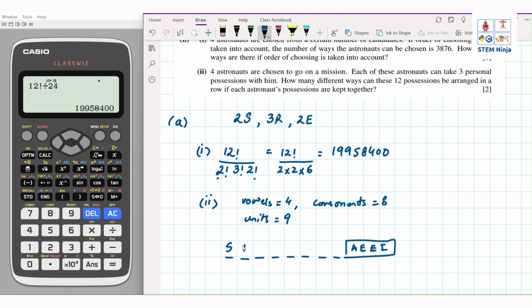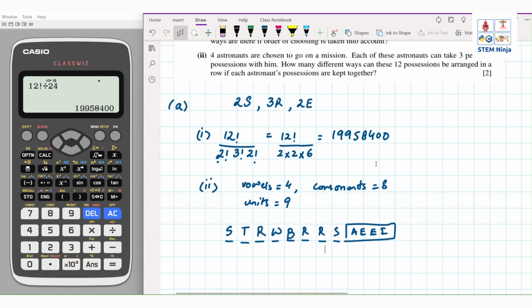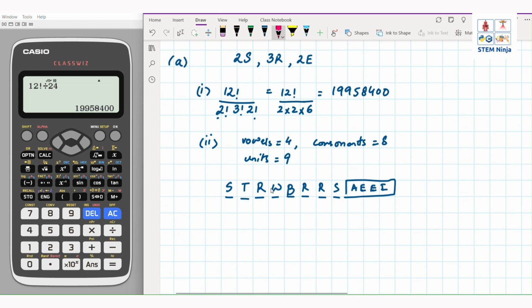The rest of these will be over here: S, T, R, W, B, R, R, S. So notice that we still have three R's over here, and with a different pen, two S's over here, and also two E's inside that.